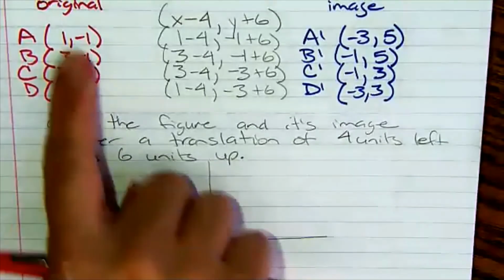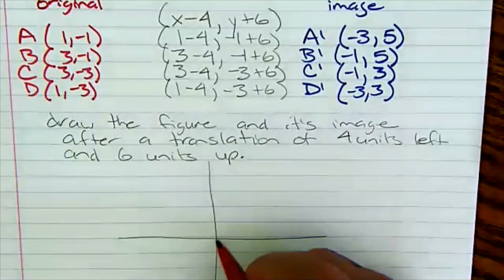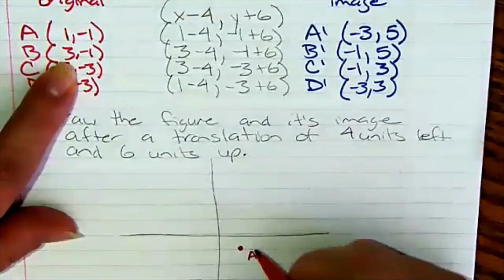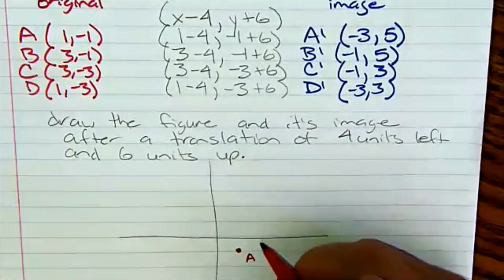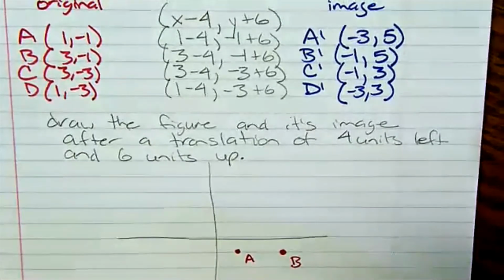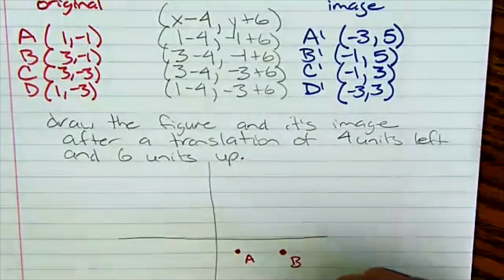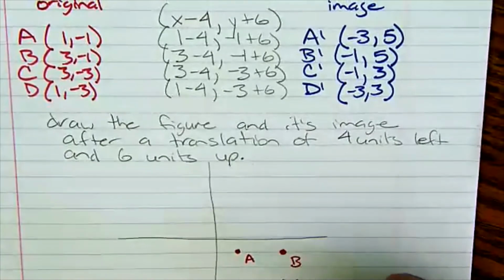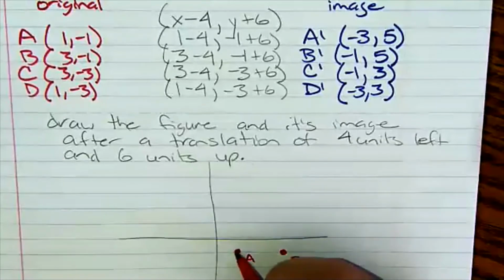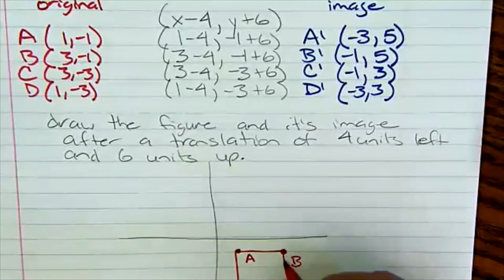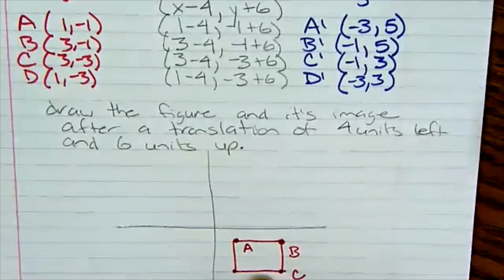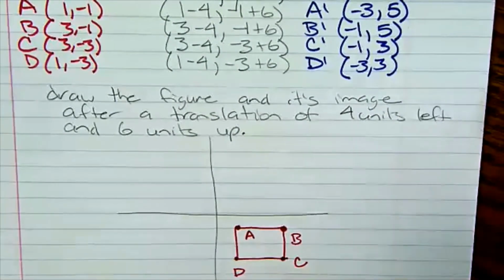1, -1, A. 3, -1, B. 3, -3 is C. And 1, -3 is D. So this is my original image.